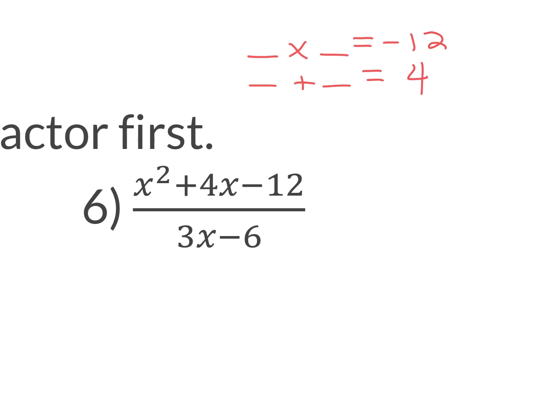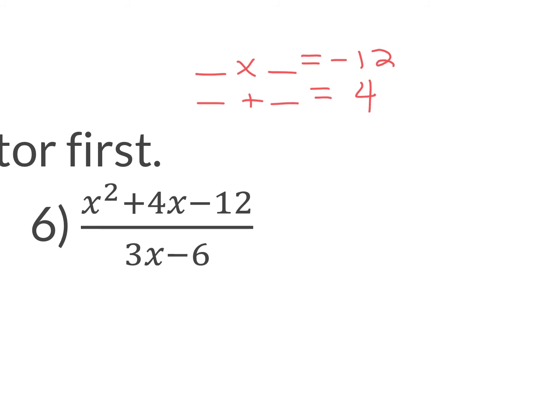So again, you would start listing and you could say 1 and 12. Now notice to get a -12, my signs need to be different, and the bigger number is going to be the sign of the middle. So -1 times 12, -2 times 6, -3 times +4. I went too far. I didn't really need to do any more because here are my factors.